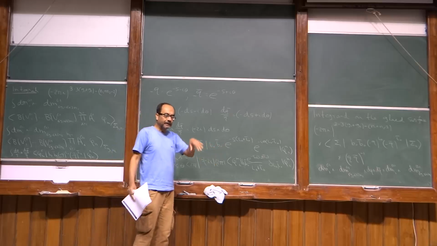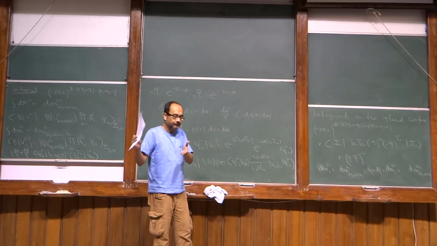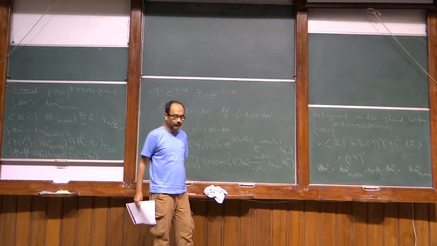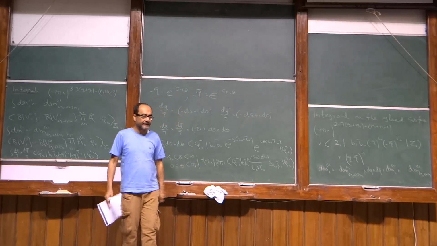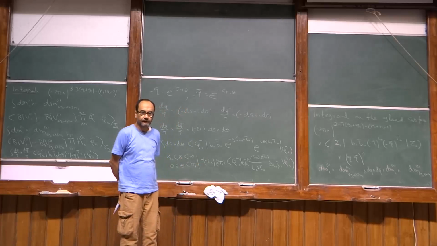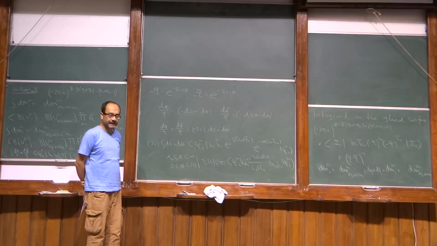How exactly to cut up the full moduli space into these parts is up to you. So I have chosen this S0, but often we will take S0 to be 0. The final result will not depend on the choice of S0.